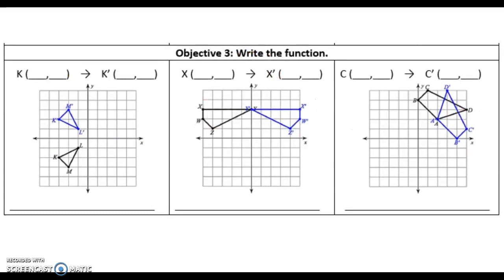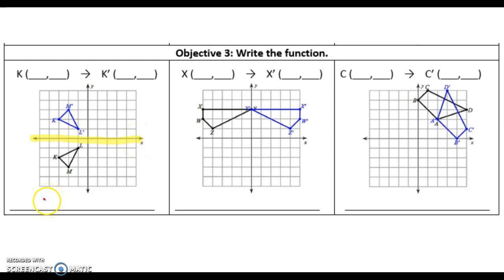And lastly, for objective 3, when writing the function for reflections, it's pretty simple because as you look at the image, you can pretty much see which line it was reflected over. So hopefully as you look at this one, you can clearly see that this image was reflected over the x-axis.